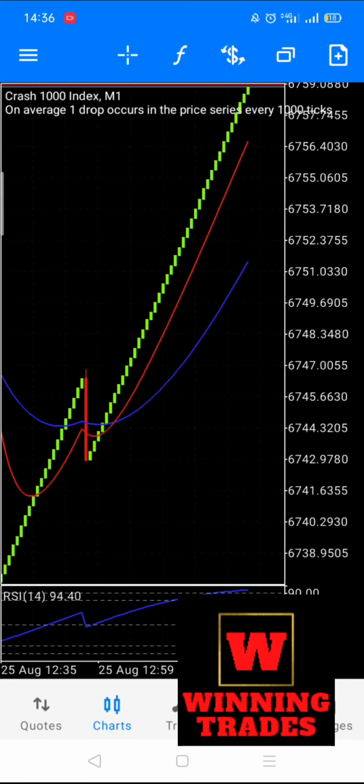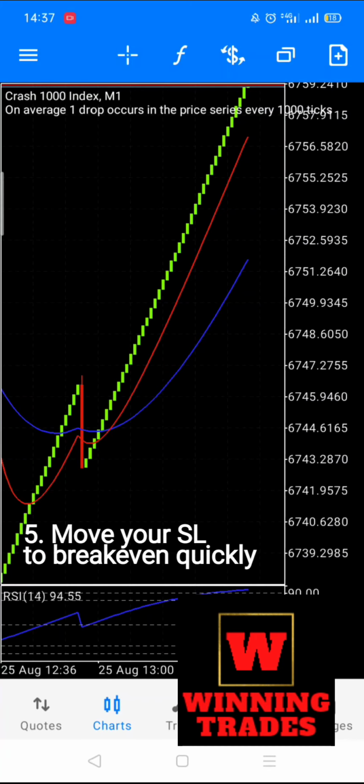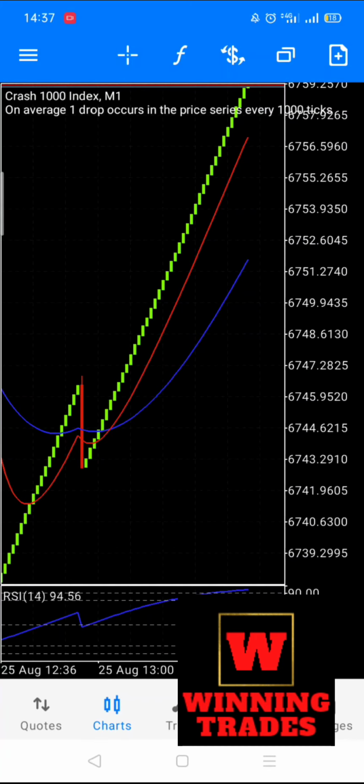Once it gets to 11 candles, you need to close the trade or you bear the risk. Now, the fifth rule is that as soon as the trade goes in your favor, make sure to move your stop loss to break even. When I say move to break even, in other words, just a few pips above your entry position.